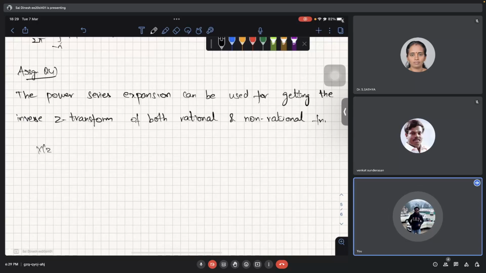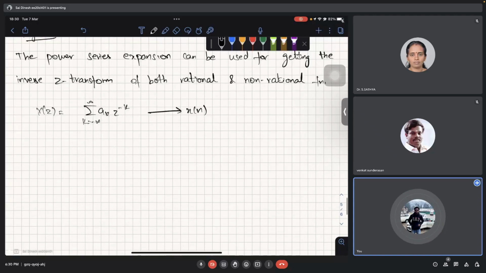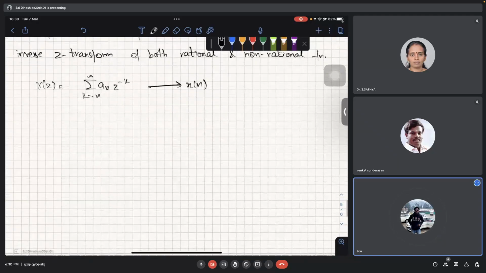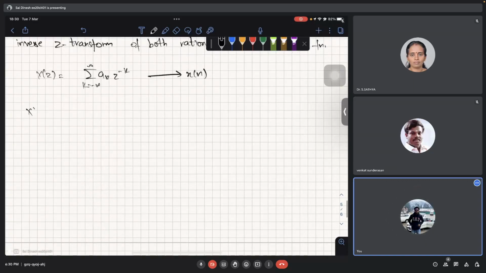For example, if you have X of z of the form sum of a_k z to the power minus k, from k equal to minus infinity to infinity, it is quite clear how to convert it to x of n. But if you have a rational form, let's say X of z as 1 over 1 minus a z inverse, and then we have an ROC of mod z greater than mod a, this is a rational function.